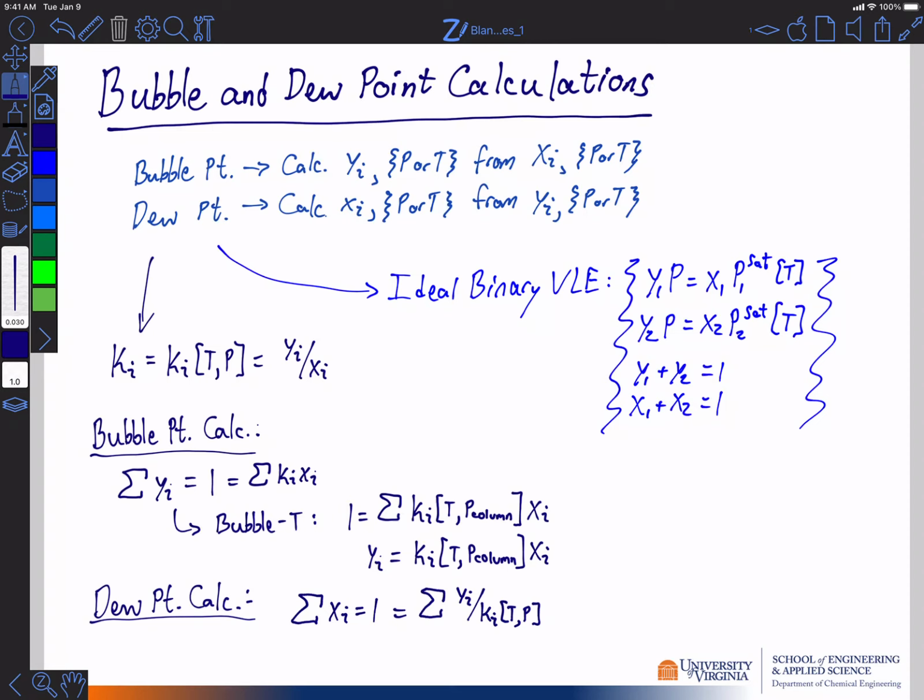These 6 VLE calculations are what we do for everything. It's just a question of how we structure the problem given whatever the vapor-liquid equilibrium information is that we have. And so I want everybody to be familiar with extending this idea of the bubble and dew point calculations now in terms also of K values.